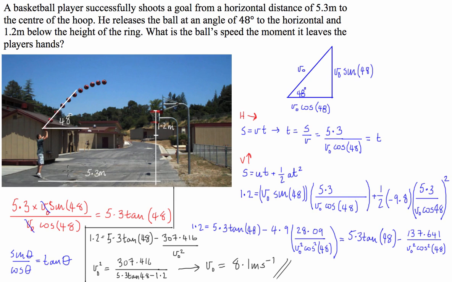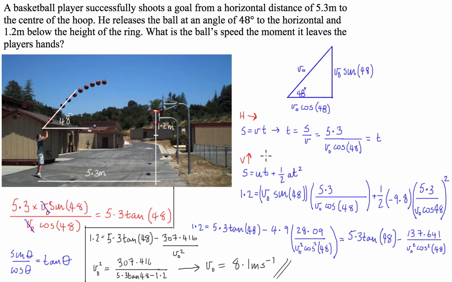You have to use the horizontal component to find an equation that relates launch velocity v naught and displacement to find time. Then you have to find another displacement equation which also includes the acceleration due to gravity, which is always s equals ut plus half at squared.